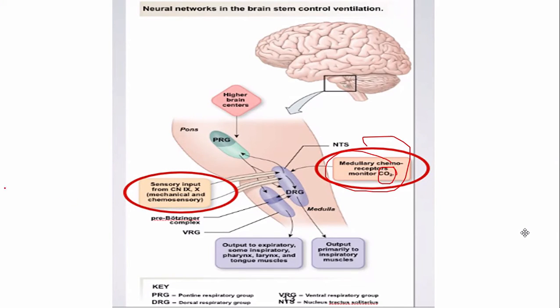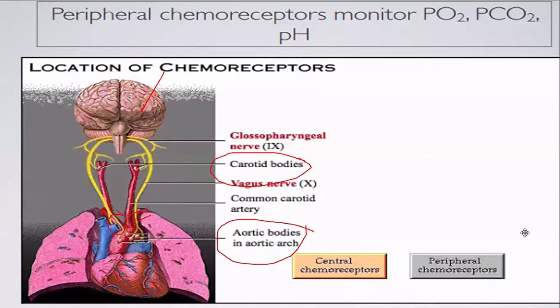And then the cranial nerves, don't forget, the cranial nerves that are also involved in our respiration. Don't forget, this will appear in the exam: the medulla oblongata is the cardiorespiratory center and the vomiting center.